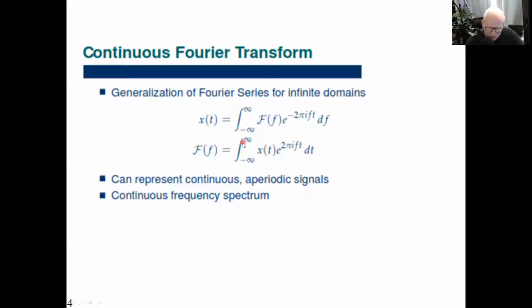Back to the first observation from the Fourier series: discretization in one domain causes periodicity in the other domain, and vice versa. So as far as you are going to have a discretized signal in the time domain, you should expect a periodic signal in the frequency domain.